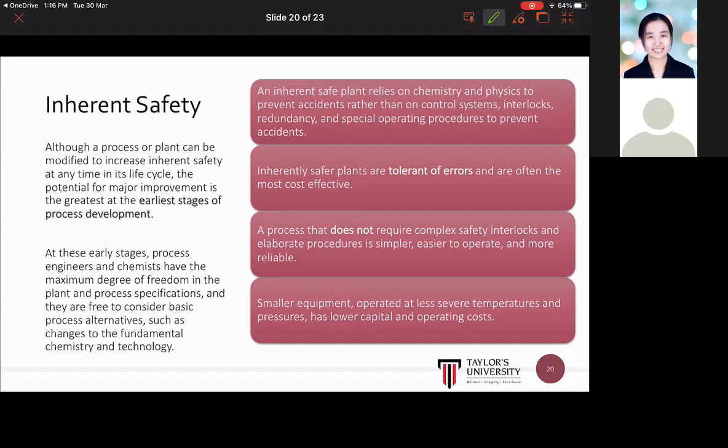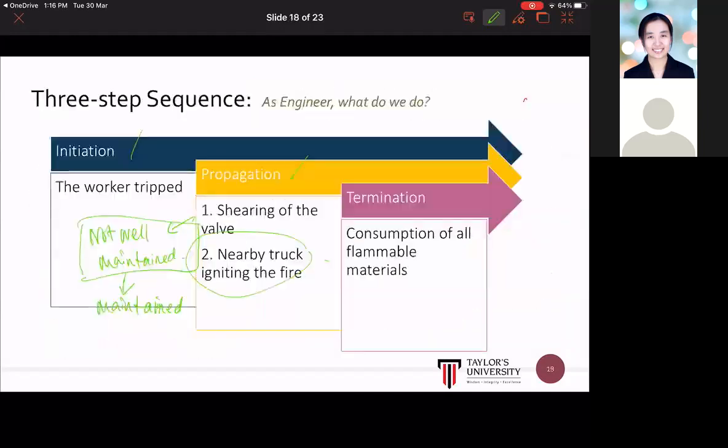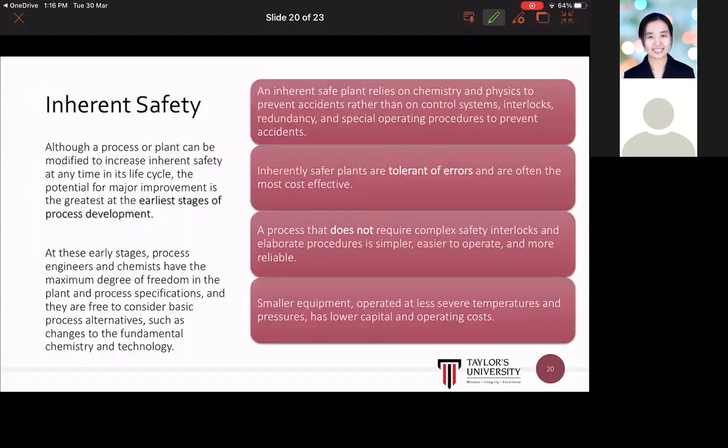Okay, so one thing that we mentioned just now, like this case study here, is the consumption of all flammable material. If we want to reduce the fire's duration, which it says is 6 days, one thing is that we can reduce the storage of the chemicals in the plant.